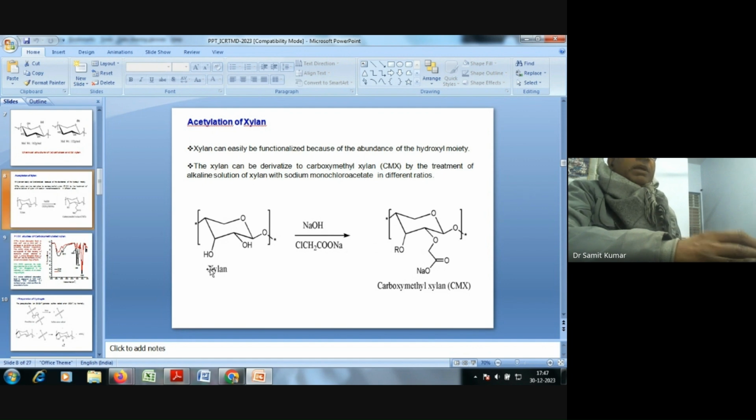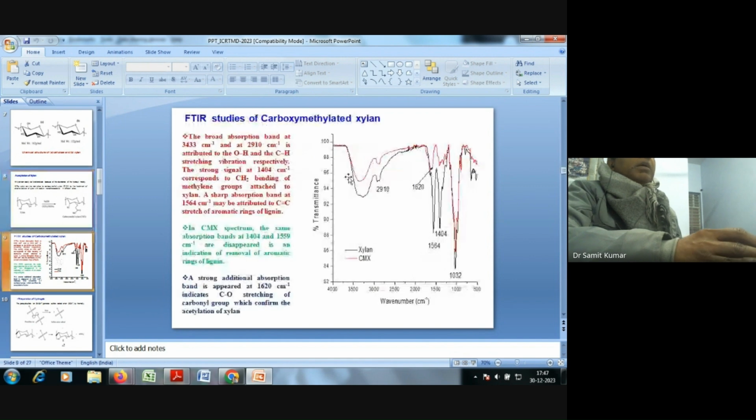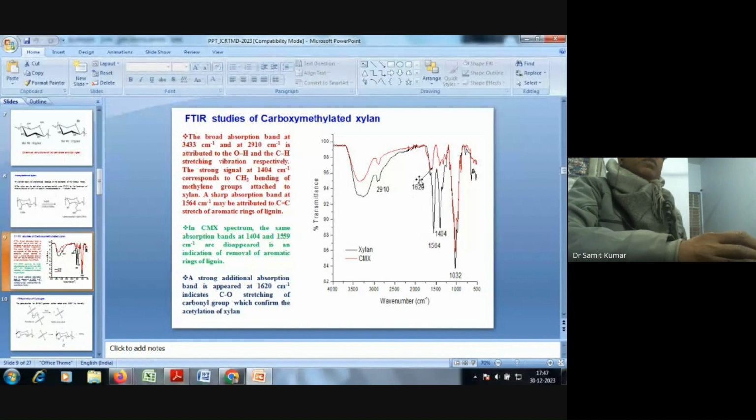Whether the carboxymethylation takes place or not is further confirmed by FTIR spectroscopy, in which carboxymethylated Xylan has one extra peak at 1620 centimeter inverse, which represents the carboxymethyl group.